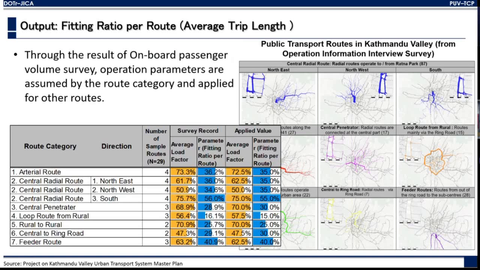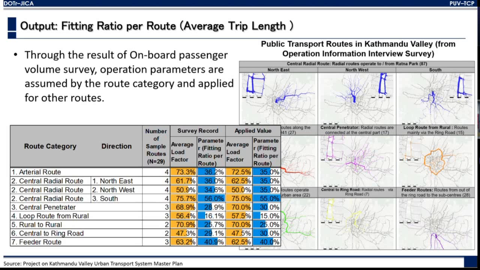And based on this result, for example, the fitting ratio per route, meaning the average trip length per route in kilometers, can be estimated.